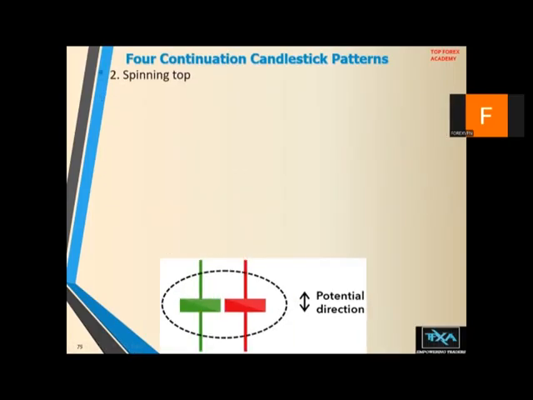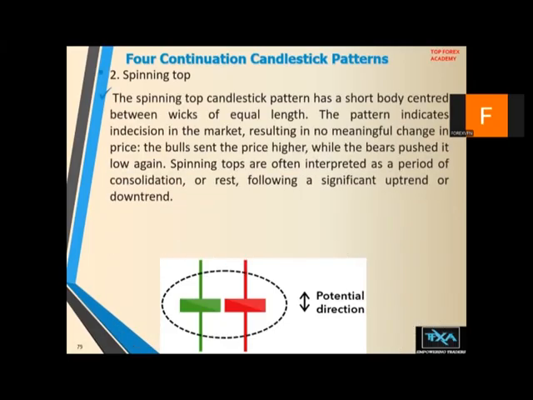The next is the spinning top. The spinning top candlestick pattern has a short body centered between wicks of equal lengths. The pattern indicates indecision in the markets, resulting in no meaningful change in price. The bulls sent the price higher, while the bears pushed it lower again.